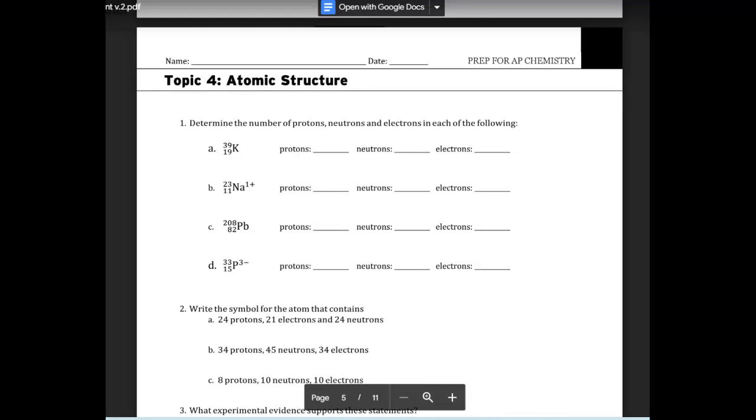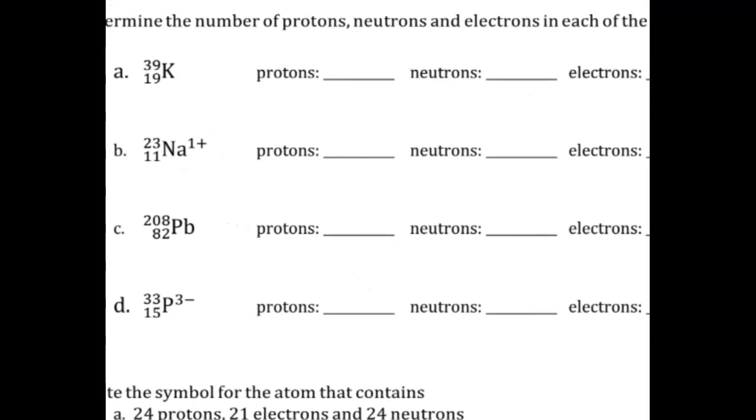If I go ahead, let's see if I can make this a little bit larger. There we go. If you look at this symbol for the atom, this shows K is the potassium atom, and there are two numbers associated with this symbol.